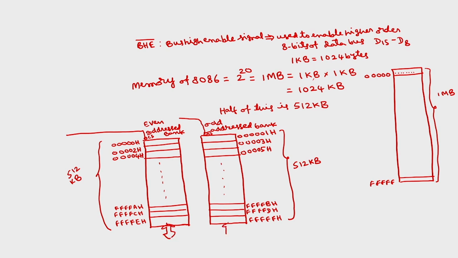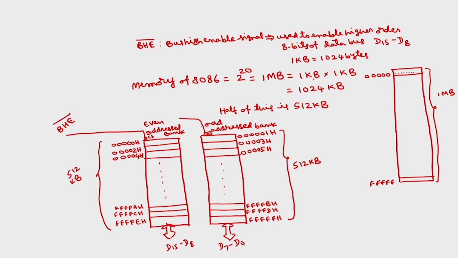This will give D15 to D8, and D7 to D0. Overall this will be D0 to D15, 16 bits. In between, this one is the higher order data bus, so this will be connected to the bus high enable signal, BHE bar. As the name implies, bus high enable signal. So this will be connected to the even addressed bank.